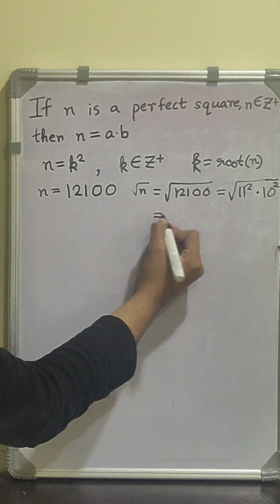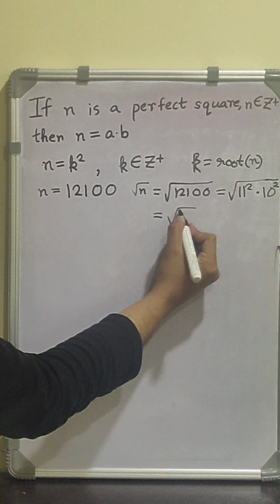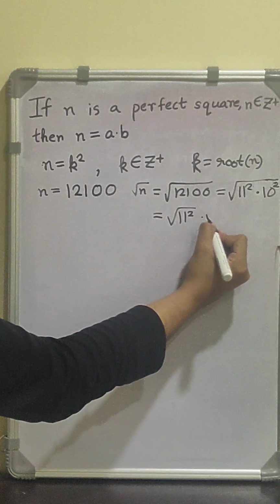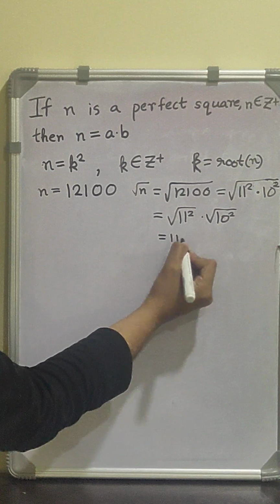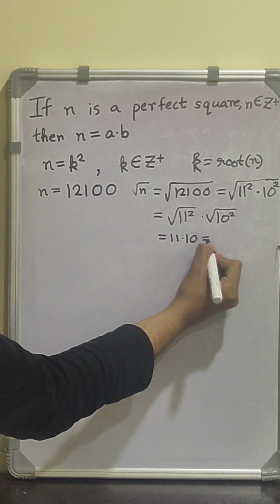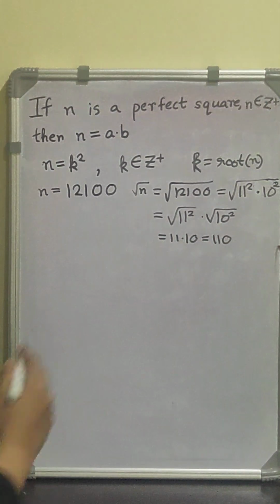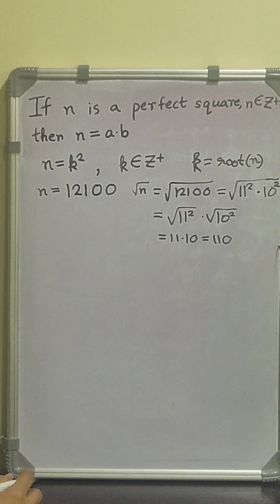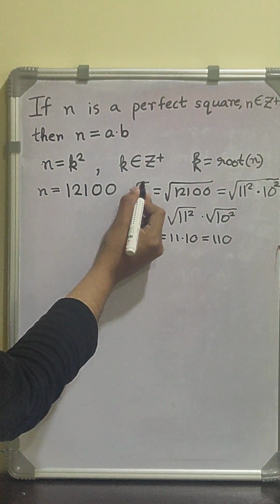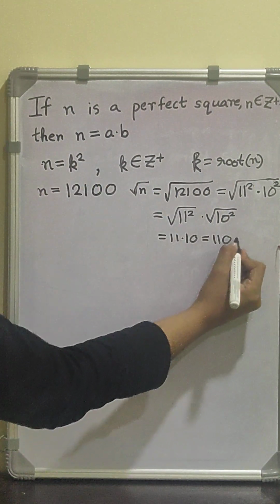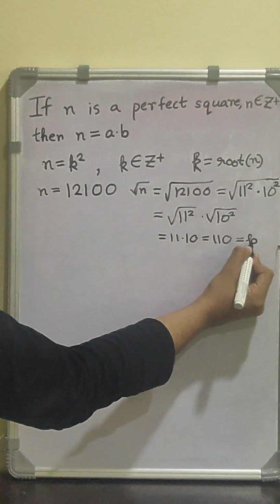Then we can split the roots. You get 11 squared and 10 squared. So that's 11 times 10, that's 110. Well, that wasn't the point. 110 is root n. So root n is basically k.